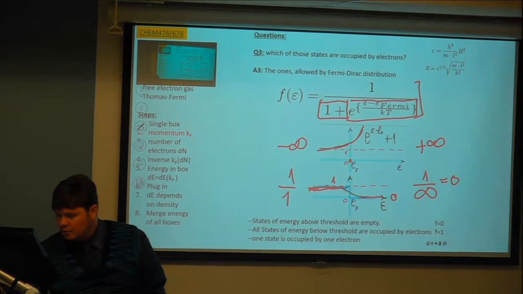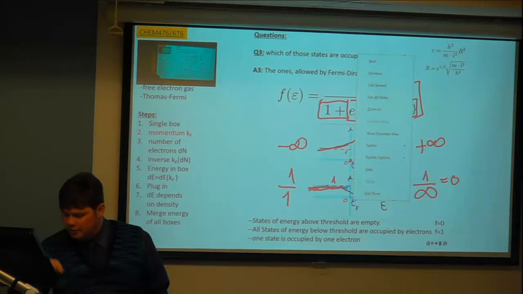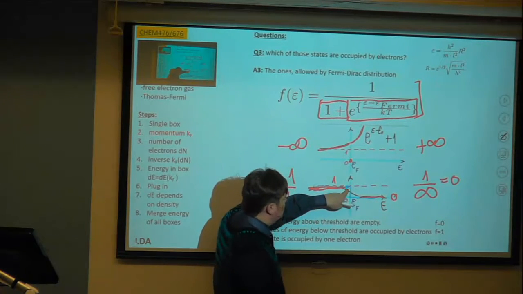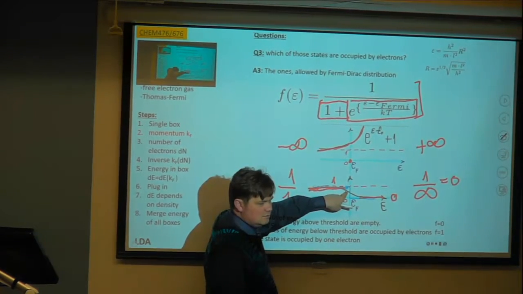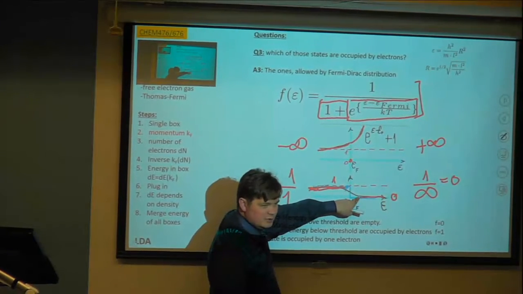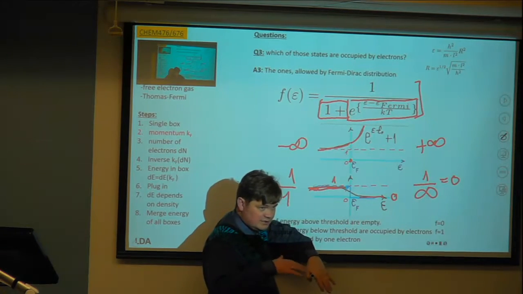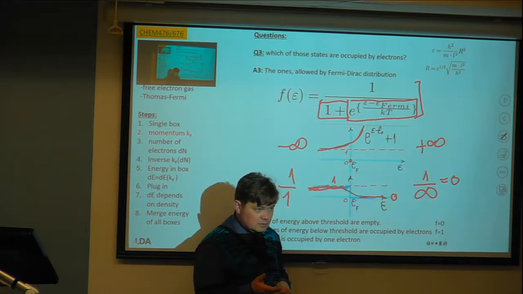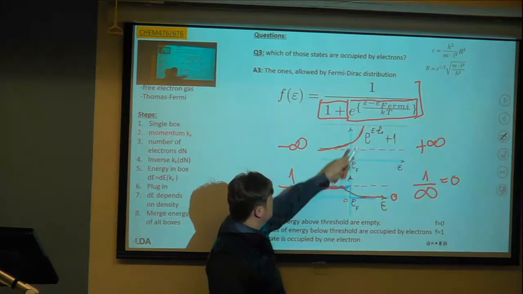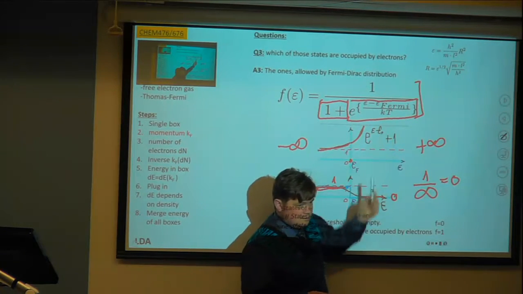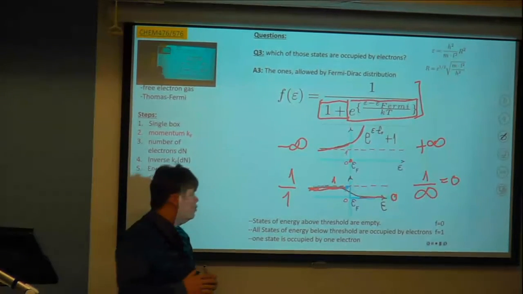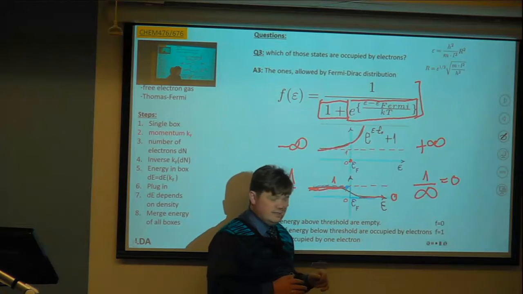So HOMO is occupied by 1, LUMO is occupied by 0, right? But if temperature raises, occupation of HOMO will be like 0.75, and occupation of LUMO will be 0.25. Make sense? So thermal excitation of orbitals, and it goes through this equation. But for our purposes, we need only this zero temperature example.